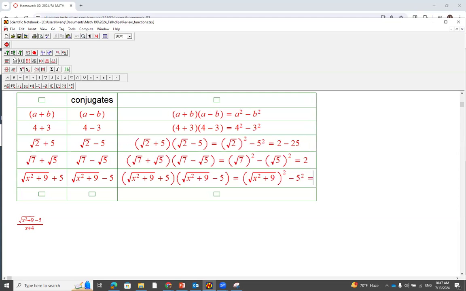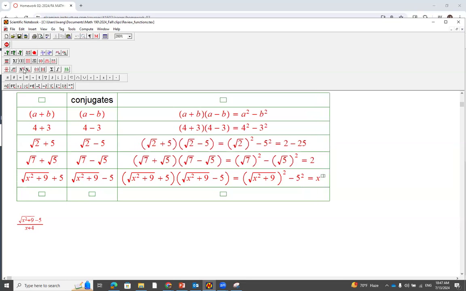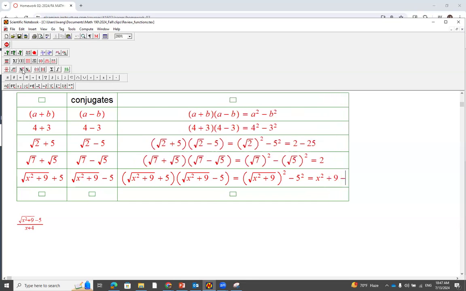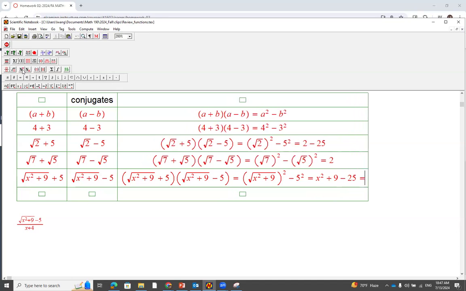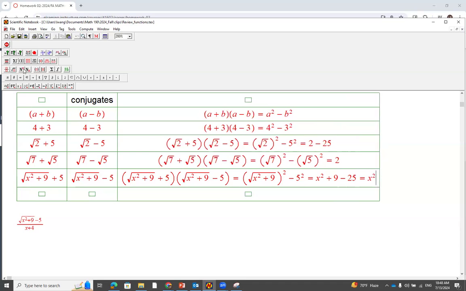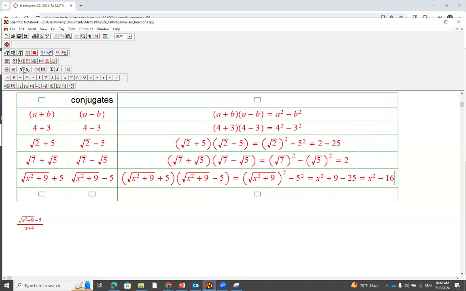Root of x squared plus 9, then squared, is x squared plus 9, subtracting 25. And in the end, we get x squared minus 16.